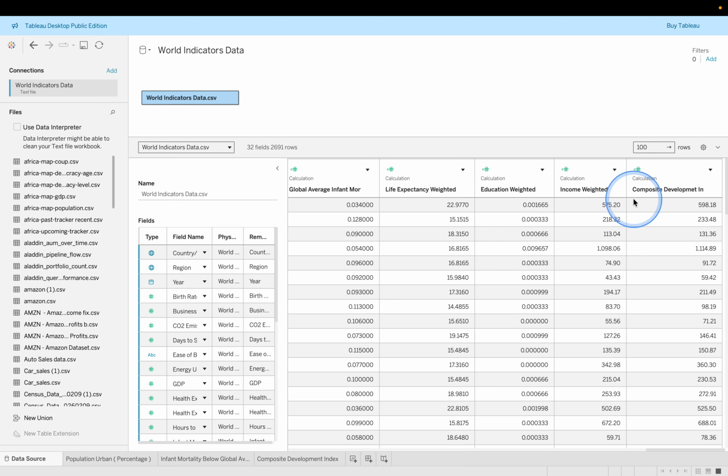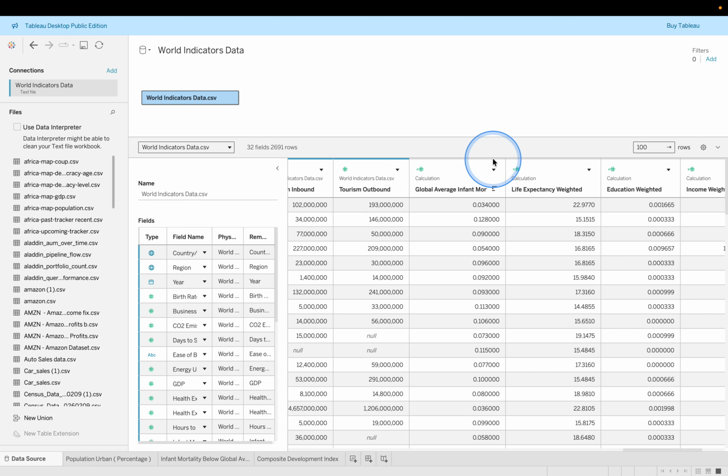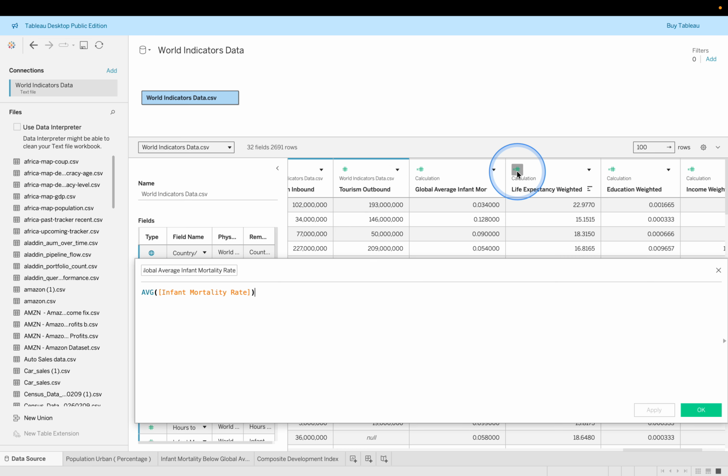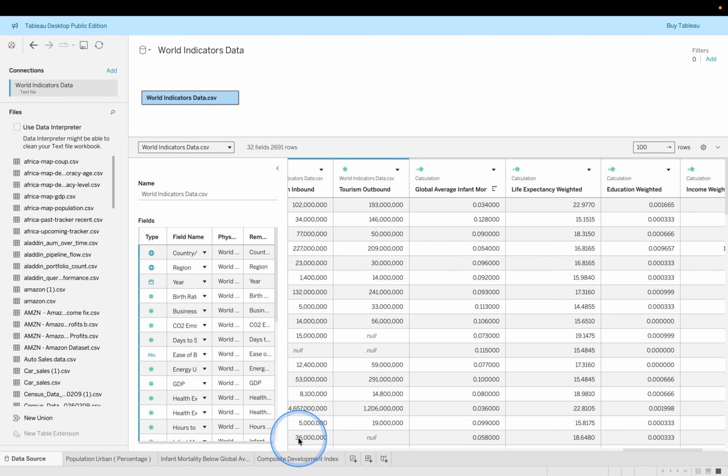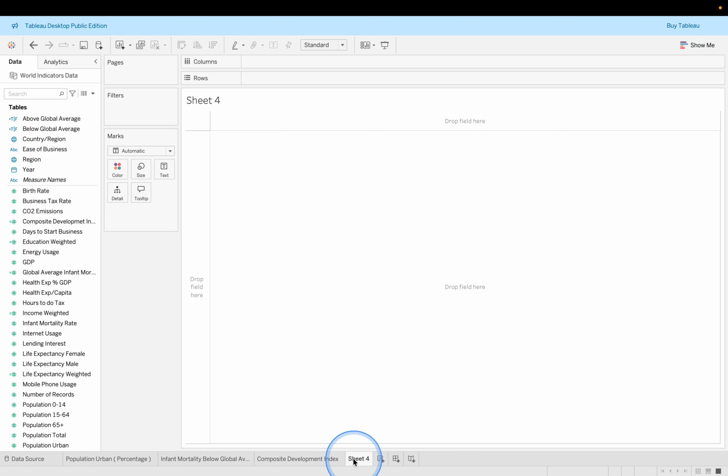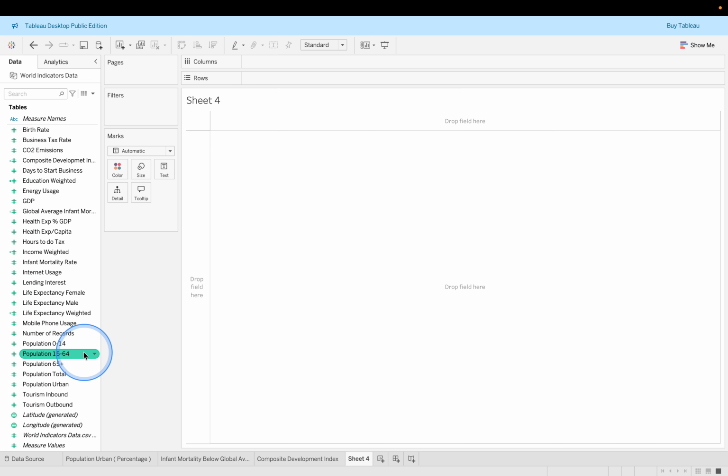We can either look at the calculated fields through the data source window, or go into our sheets to have a look at them, so we don't have a bit of distraction. Let's go into a fresh sheet, and on the canvas I will now show you our calculated fields.